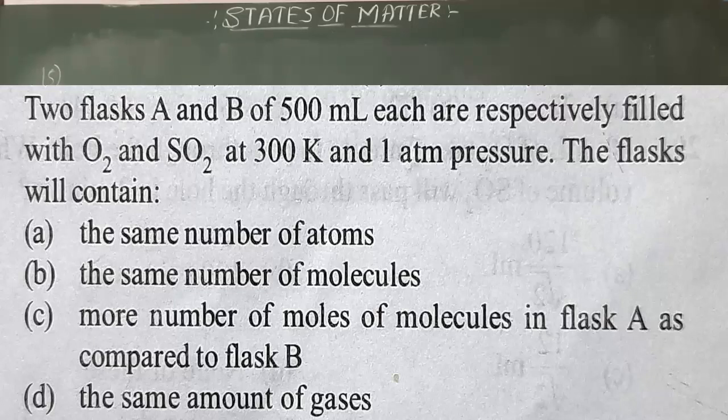Here oxygen and sulfur dioxide are molecules, hence in both the flasks there is the same number of molecules. If they had given atoms, then you would have to write the same number of atoms. Since O2 and SO2 are molecules, they contain the same number of molecules. Therefore, option B is the right one.